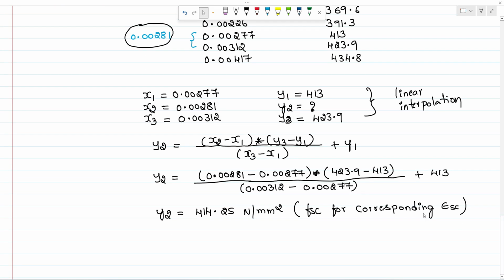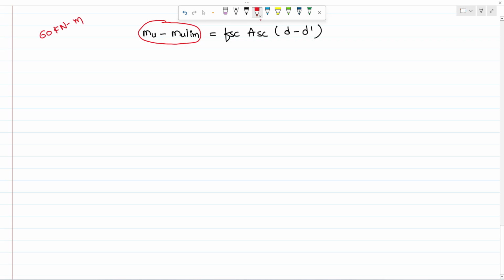Once you know the stress value, you have the formula Mu minus Mu limit equals FSC ASC into D minus D dash. Here Mu minus Mu limit, you know this value. I think it will be 60 kilonewton meter balance moment, so it will be 60 into 10 power 6 Newton millimeter.